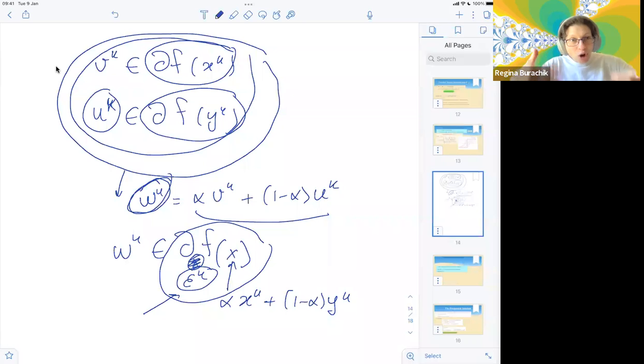But as you go ahead, you collect more and more subdifferentials. I don't remember the technical details now, but I do remember that the search direction that you get is actually a convex combination of those subdifferentials that you collect into the bundle.